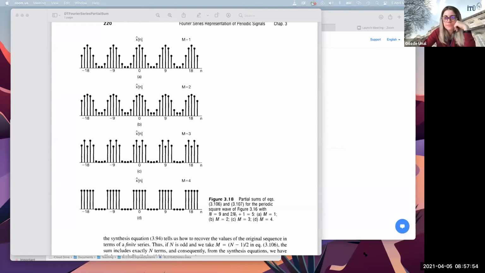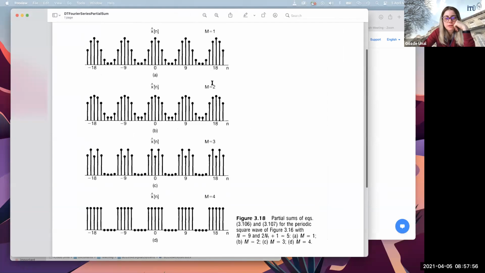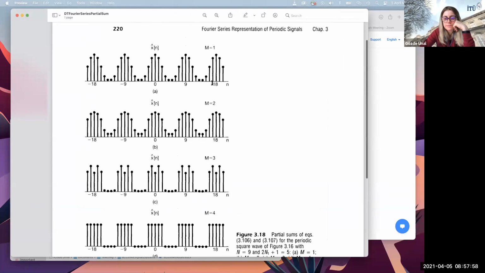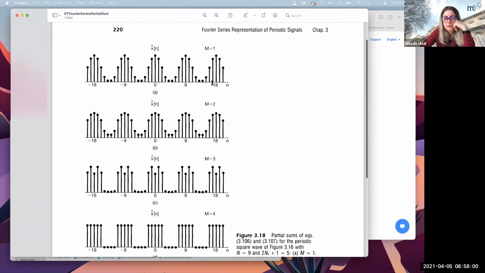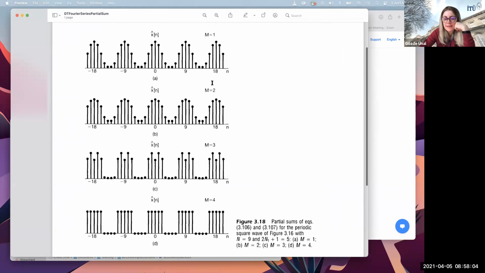When you start adding the AKs for the periodic square wave, you will see that as you add more AKs, you will have a better approximation. This could have been another square pulse with different parameters, but the important point is, you see the difference, I guess.